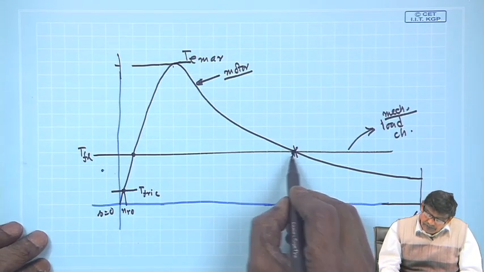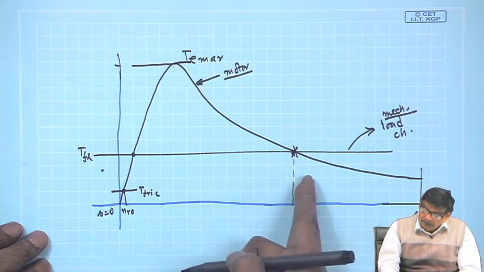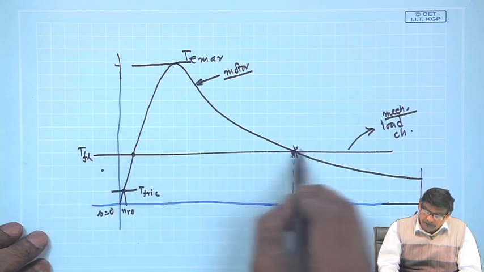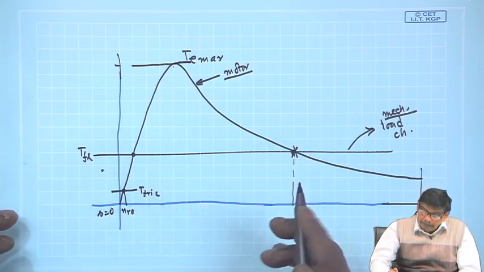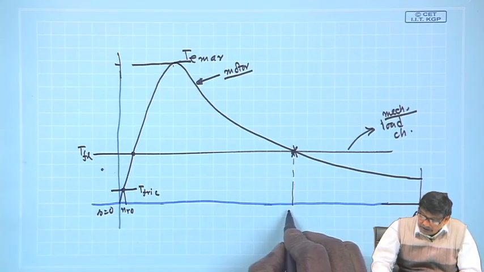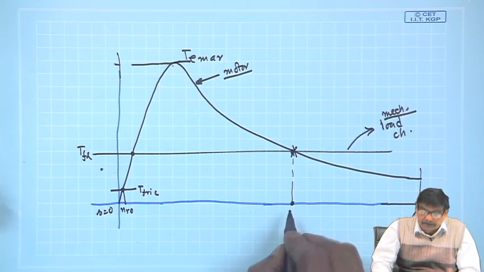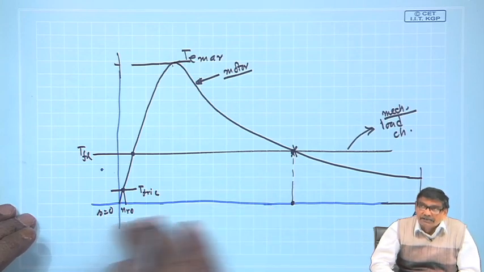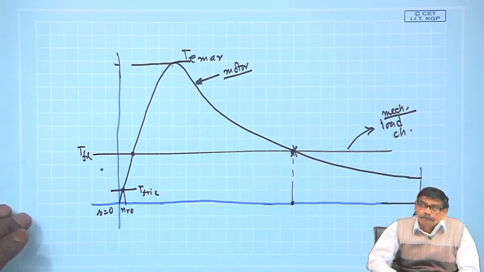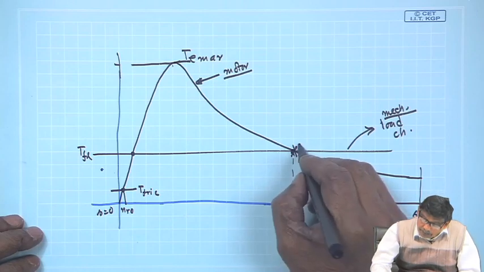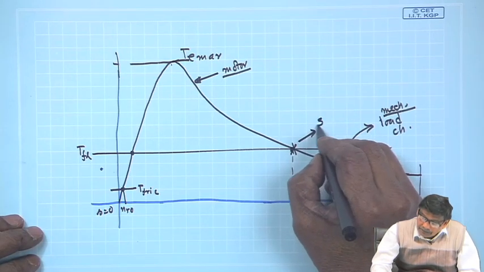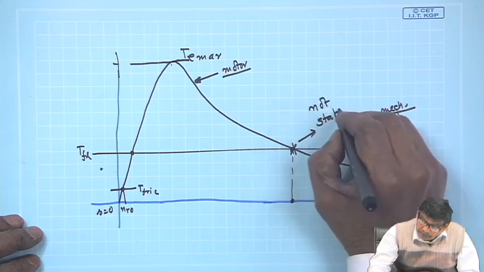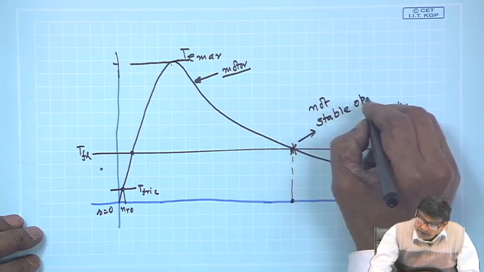Then if it is settled down to this point, it is absolutely fine, electromagnetic torque and opposing full load torque are equal, and the machine will perhaps run at this RPM whatever it is, and it is at a very low RPM as you can see compared to this side. But this operating point is not a stable operating point, not stable operating point.